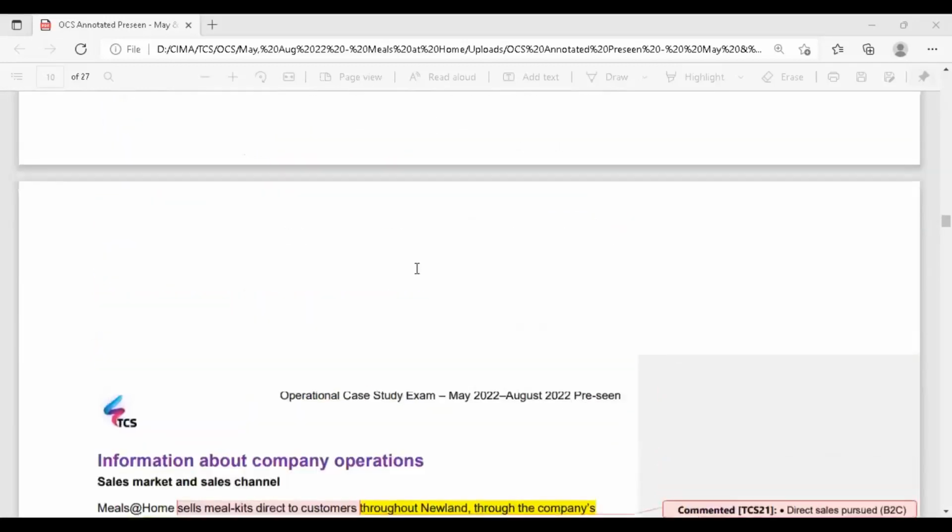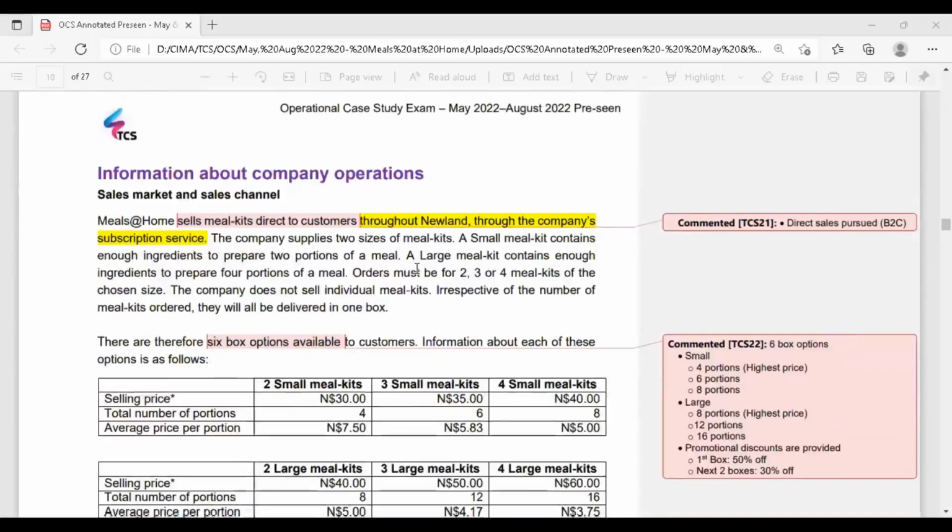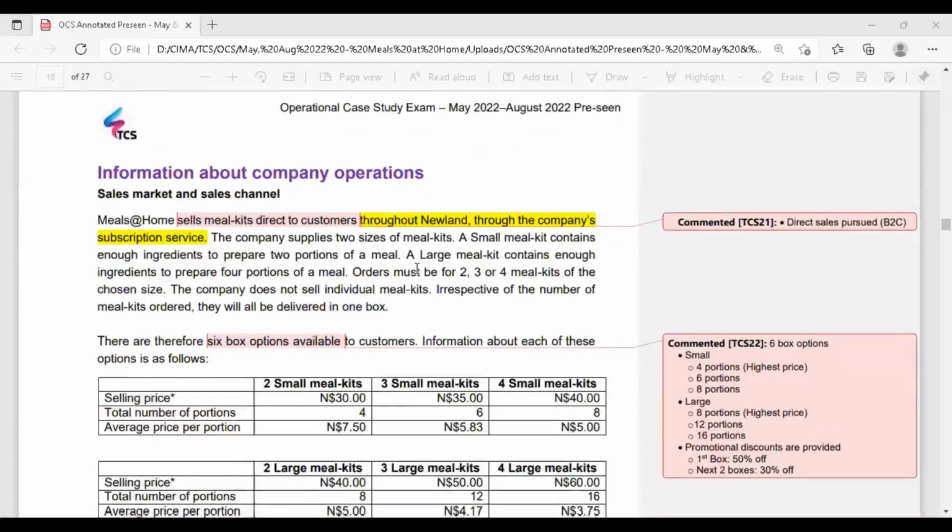All right, so that brings us to the end of the first part of the pre-seen analysis. As I told you earlier, a typical pre-seen consists of 4 main areas. We tackled area number 1 today. I took you through the introduction of the company. In area number 2, information about company operations will be provided.